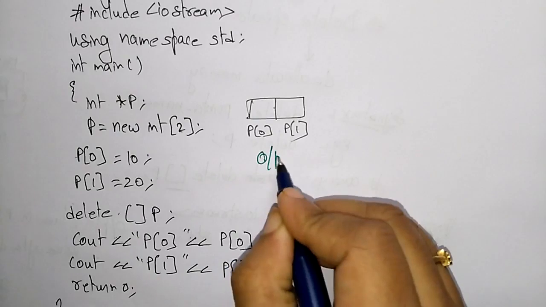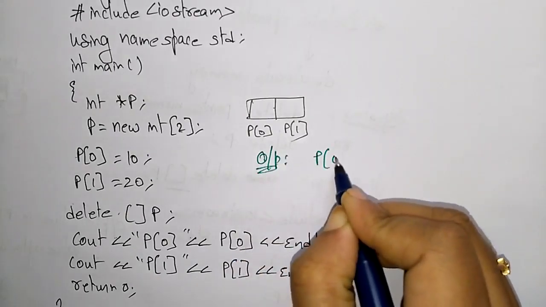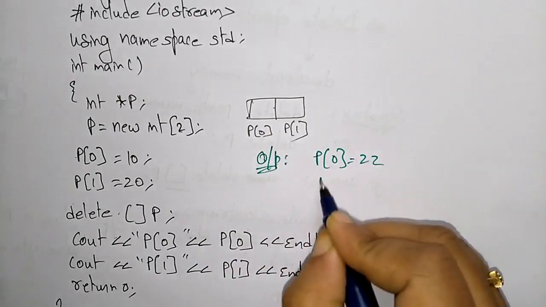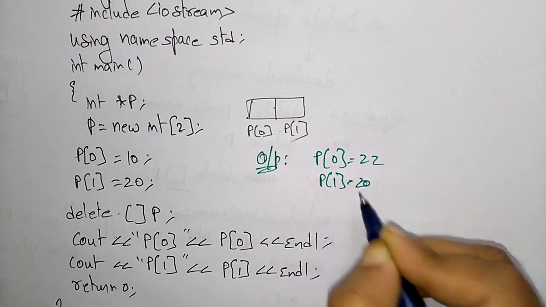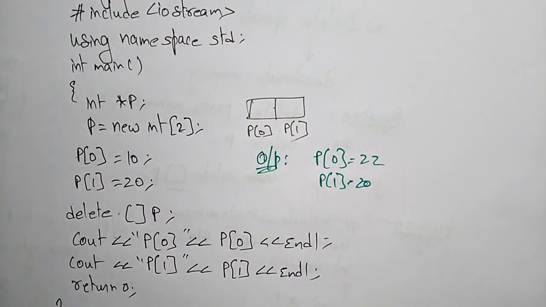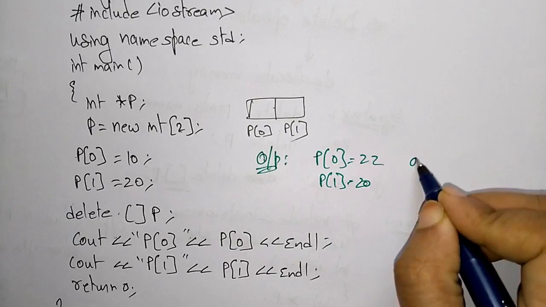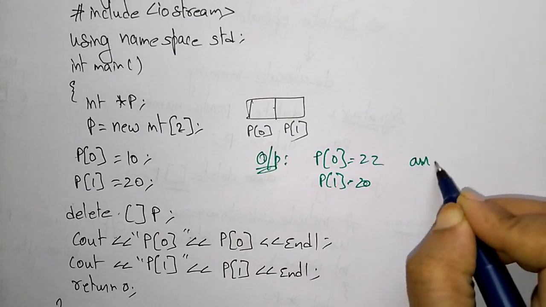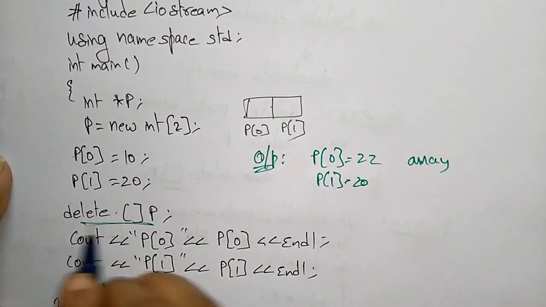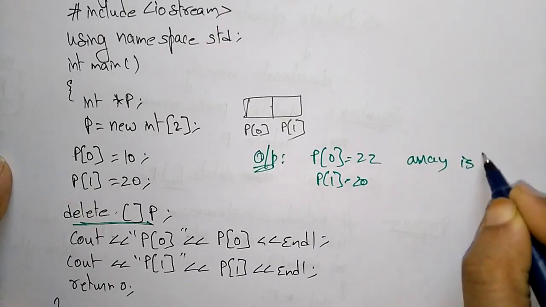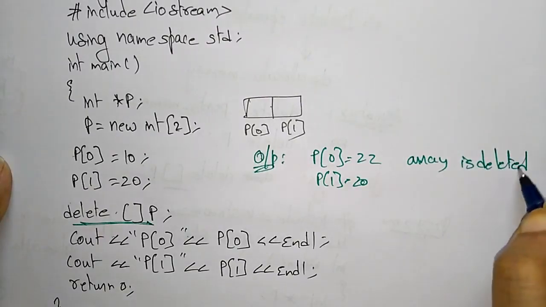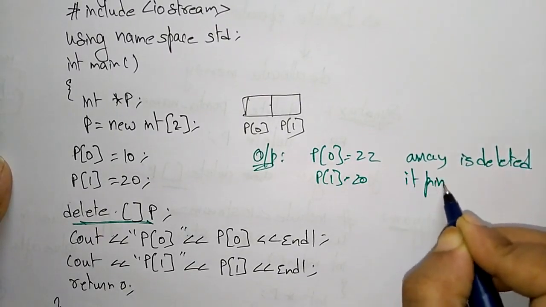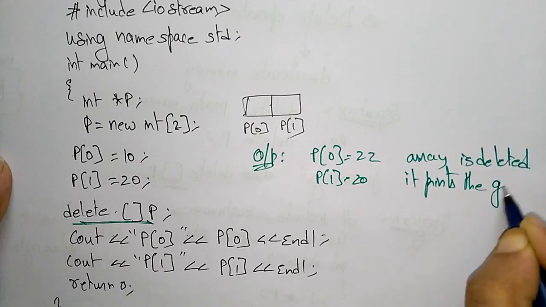Then what will be the output? The output will be that p[0] takes some garbage value, and p[1] also shows some value. This is nothing but a garbage value. Whenever the array is deleted, it prints the garbage value.